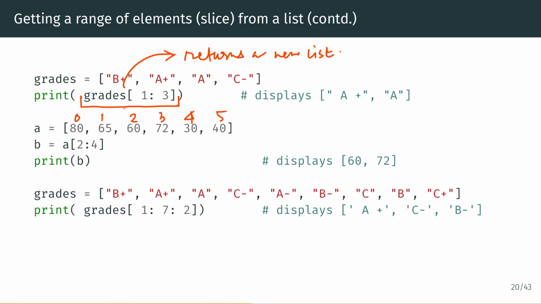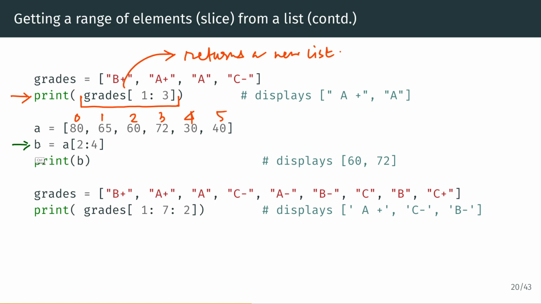Now whatever you can do with this list, you can also do with this new sublist right here, right? So in the first example, we printed this list. You can actually also choose to save this sublist as another list, which is what we do in the second example.